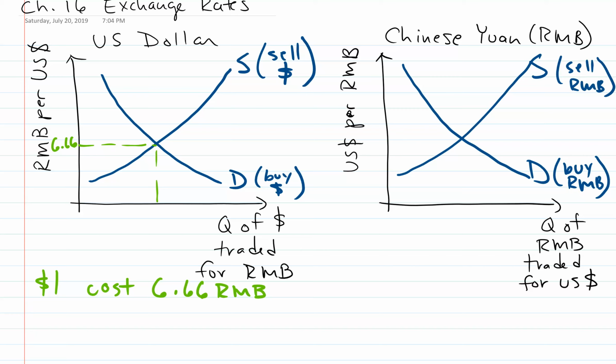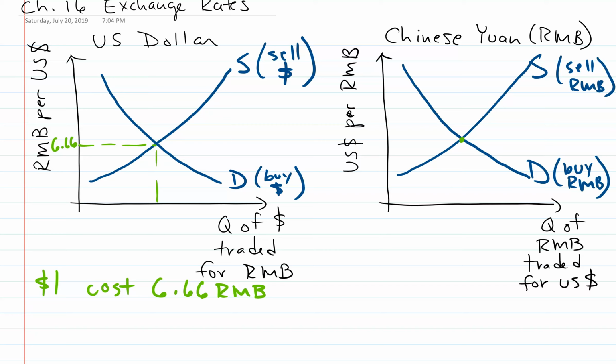Of course, the more dollars you'll give them, the more that the sellers will sell, and the more dollars they have to pay, the less people would like to buy RMB. If you can get a whole bunch for $1, then people are more willing to buy. And if $1 doesn't buy you very much, you have to pay a lot to get one Chinese yuan, then people will want to buy less of it. That's what the downward sloping demand and the upward sloping supply tell you.